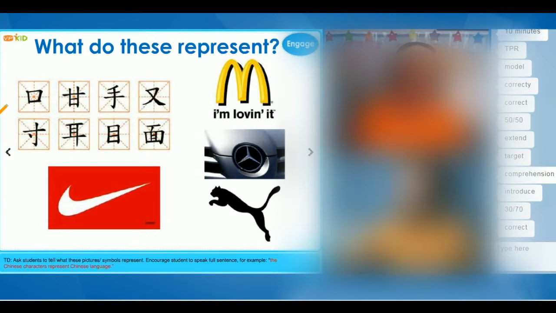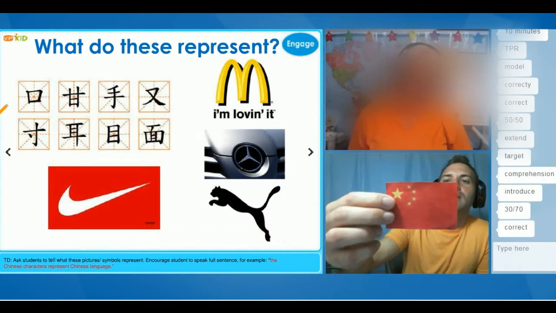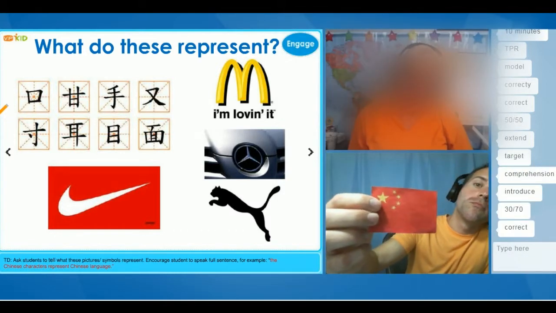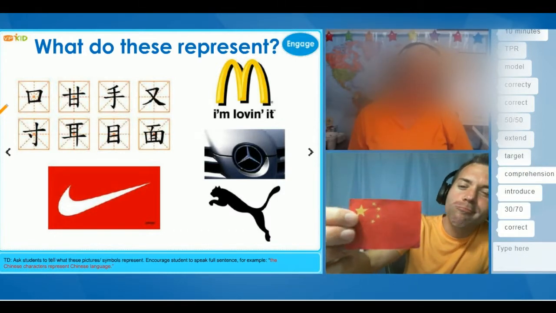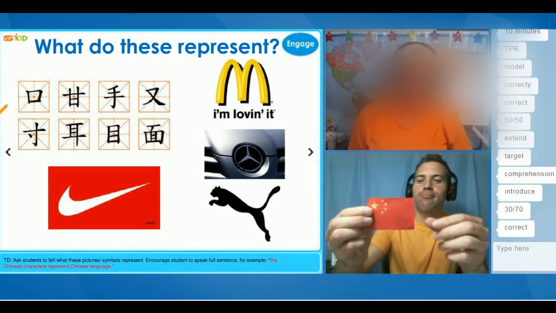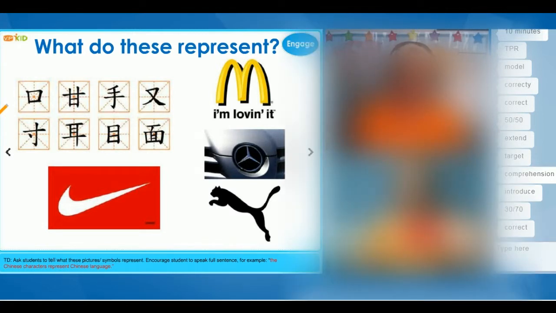Good. And what does this flag represent? This China flag. Yes. This is the Chinese flag. It represents China.